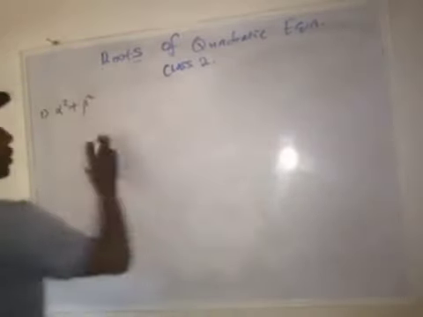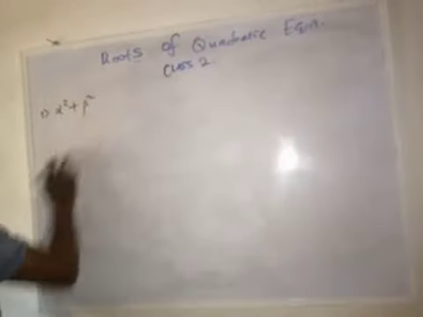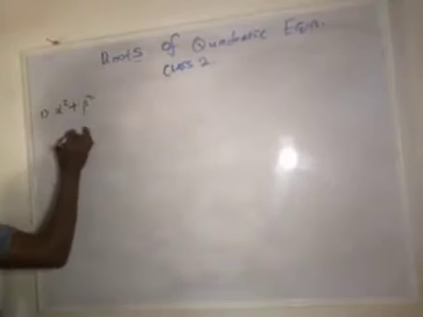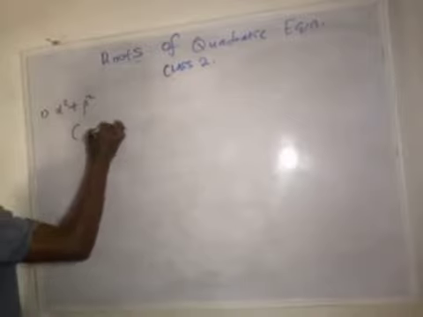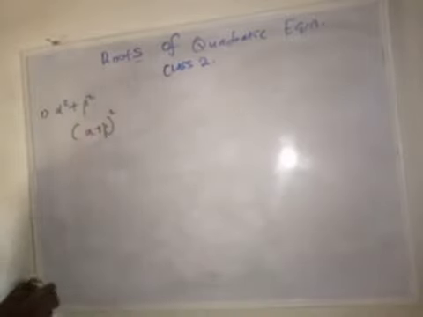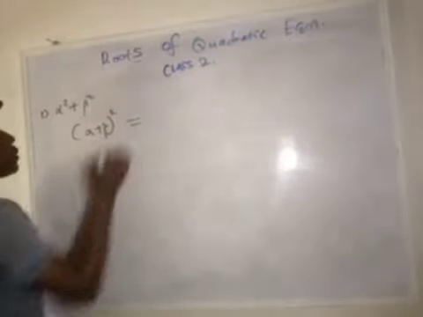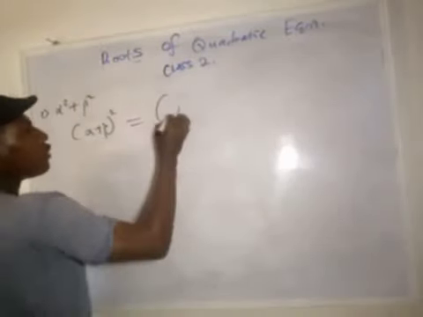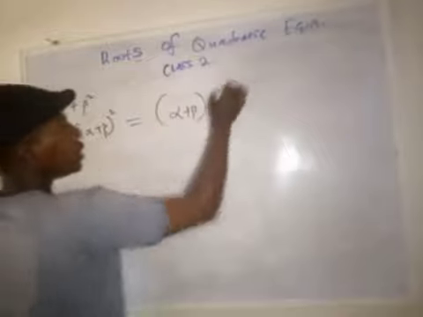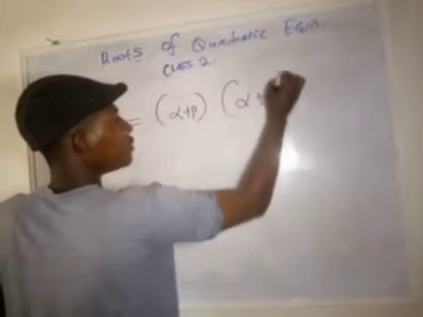Now, if I want to find alpha squared plus beta squared, it simply means alpha plus beta squared. That's the first step. Now, if I want to do alpha plus beta squared, it's going to be in the form of alpha plus beta in bracket, alpha plus beta.